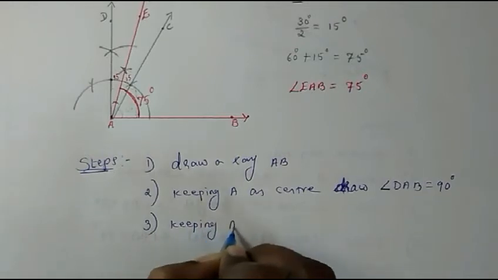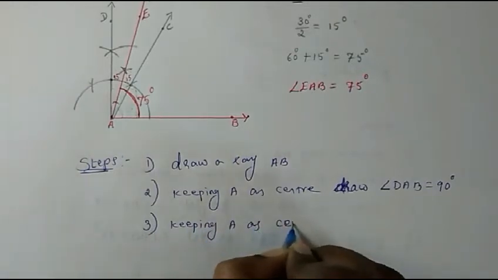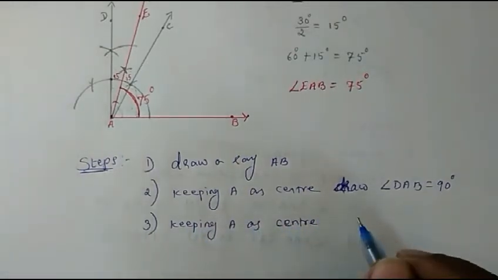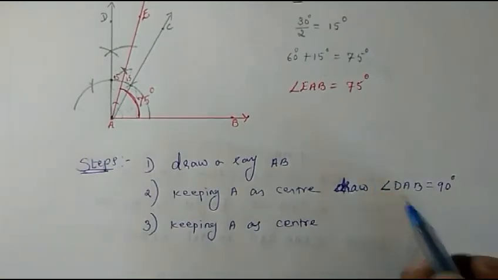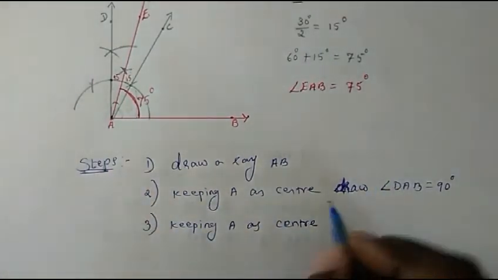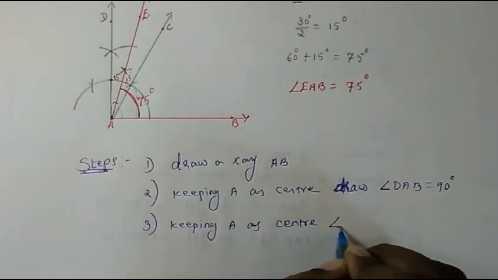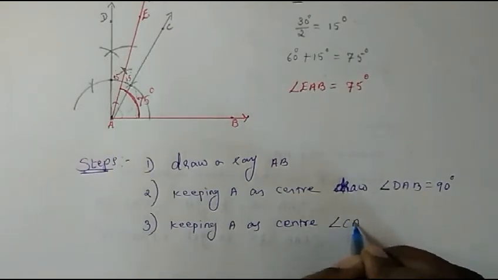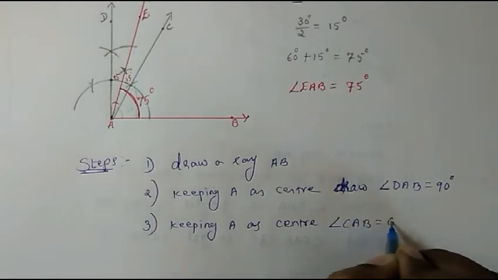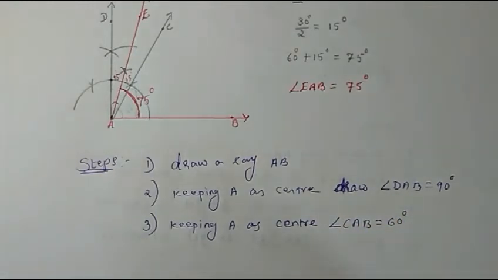Keeping A as center, draw angle CAB 60 degree.